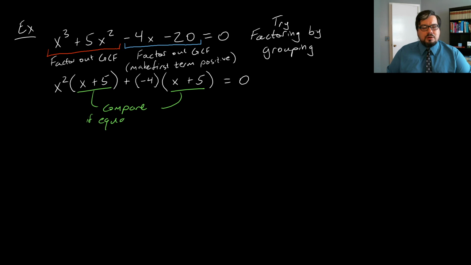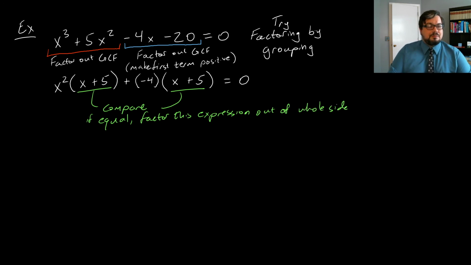So if they're equal, we can factor this expression out of the whole left-hand side. We can take the x plus 5 that's common to both parts of the left-hand side of the equation and write it as x plus 5 times, and then we see what's left.